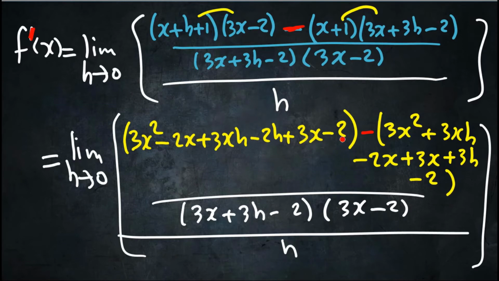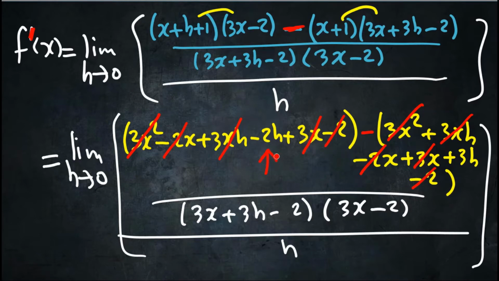And let's see, 3x squared minus 3x squared is 0, so these two cancel. Minus 2x minus minus 2x, 0. 3xh minus 3xh, 3x minus 3x, and minus 2 minus minus 2 is minus 2 plus 2, that's 0.